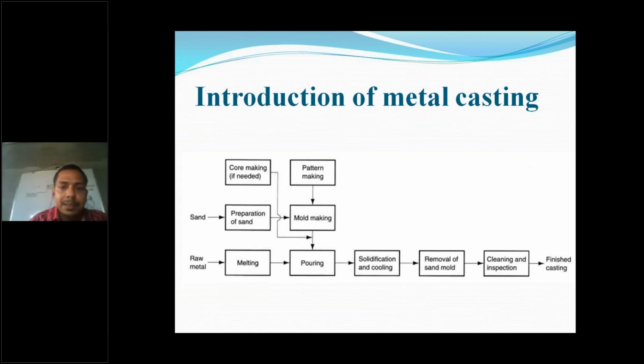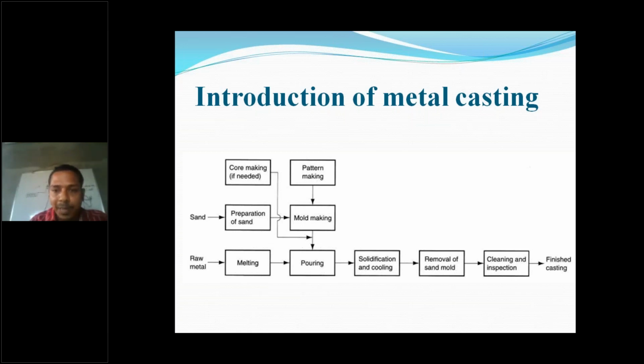After that we melt the material from which we prepare the product. After melting, we pour the liquid material through this channel into the cavity prepared by the pattern. After pouring, obviously after some time solidification happens, and after solidification, by breaking the mold, we remove the product.